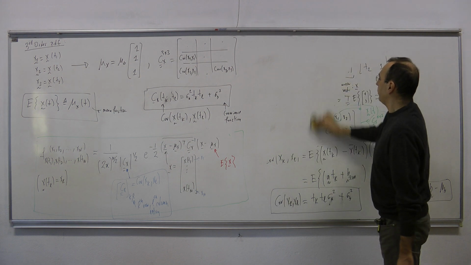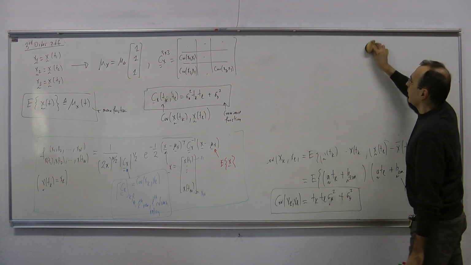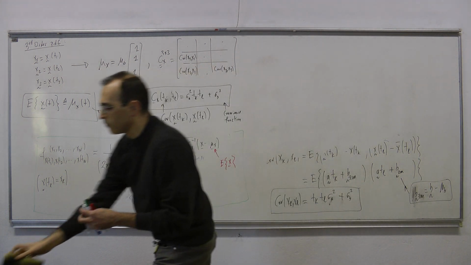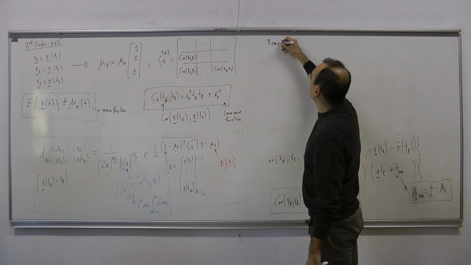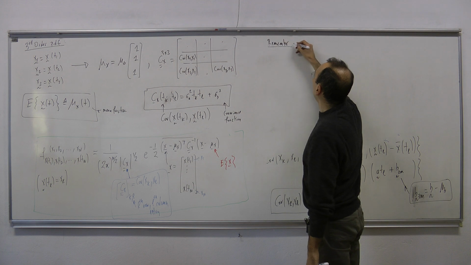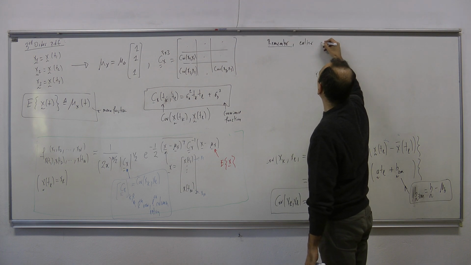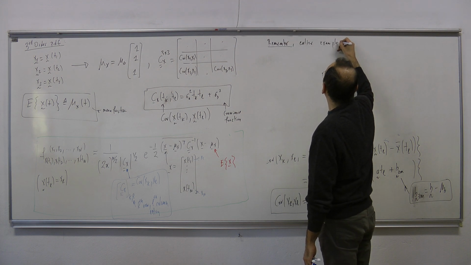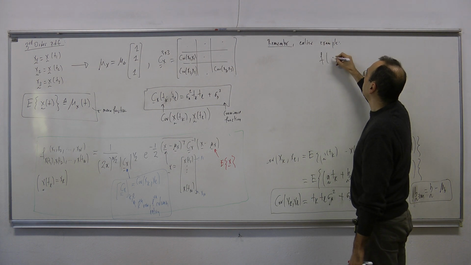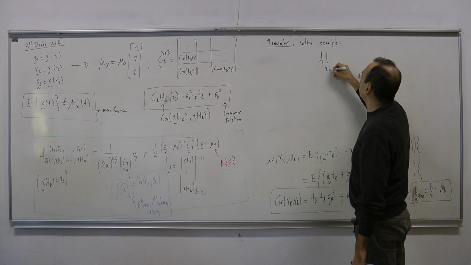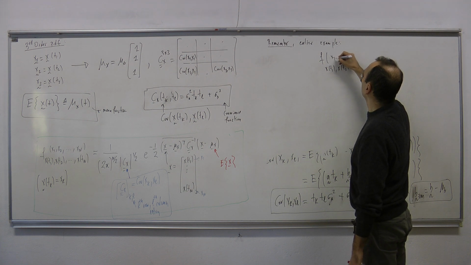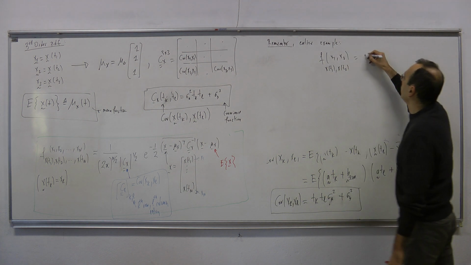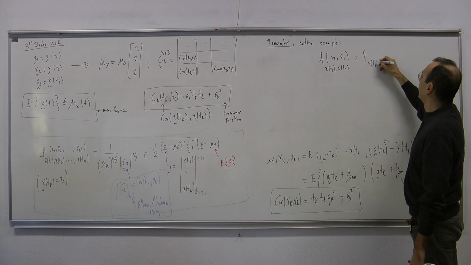Previously, do you remember, in the earlier example, we were writing the joint density using conditional probabilities, isn't it?